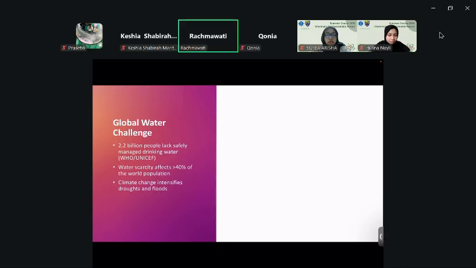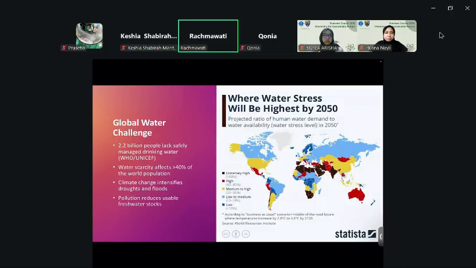And there are also outside factors like climate change that might intensify droughts or floods, and also pollution, which reduces usable freshwater stocks. And then according to the Statista data, there is water stress predicted by 2050.